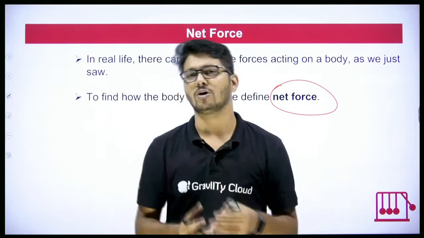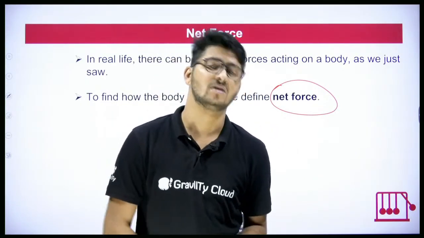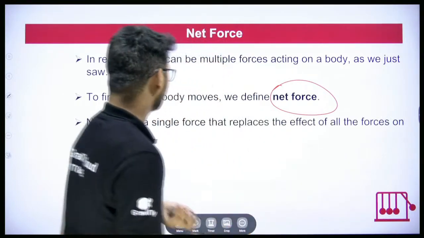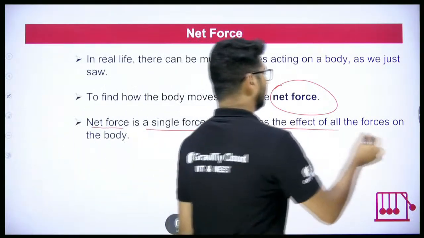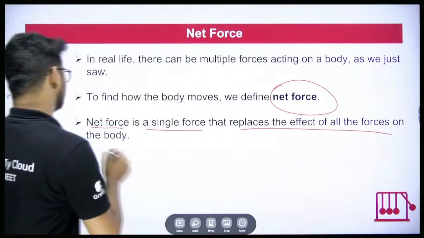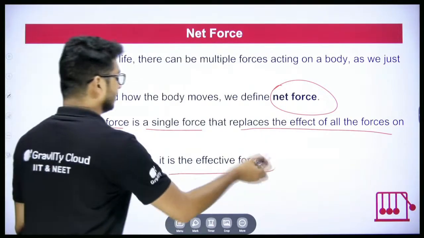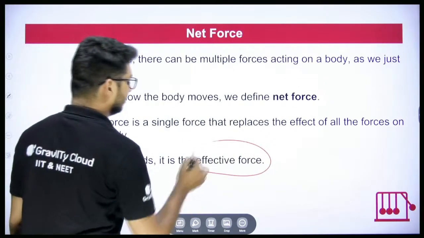When I say combination, it can be addition or subtraction, depending on the direction. We'll go into that. Net force is a single force that replaces the effect of all the forces on the body. I'll explain, don't worry. It is nothing but effective force, so net force can also be called effective force.